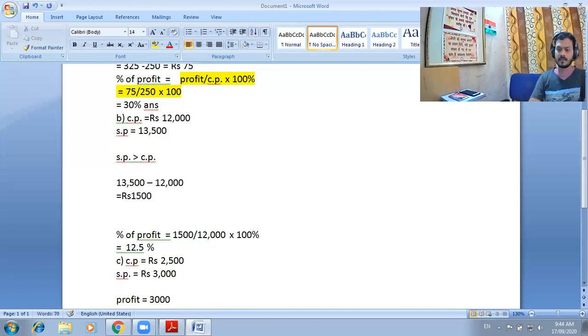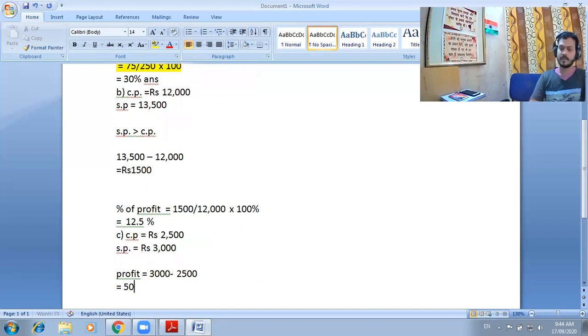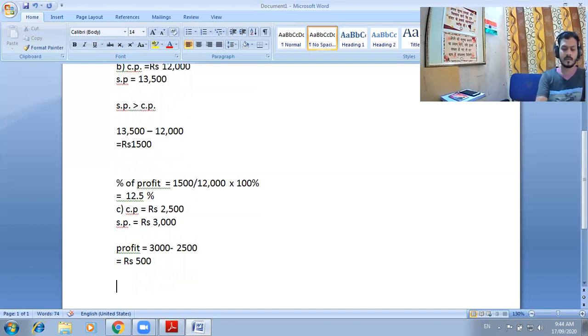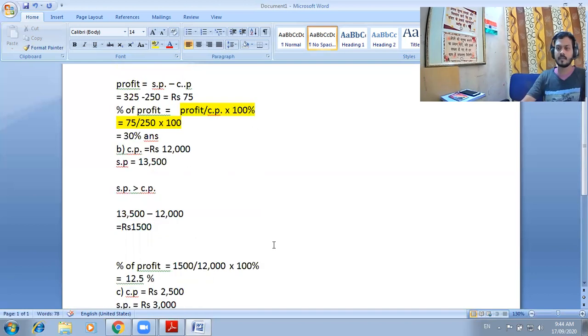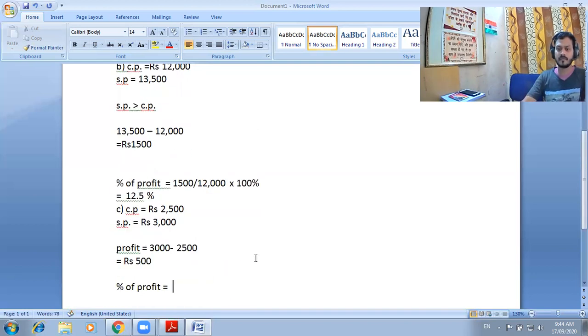So 3,000 minus 2500 equal to 500. So profit equal to rupees 500 and percentage of profit, again apply the same formula written here. Percentage of profit equal to profit divided by CP.